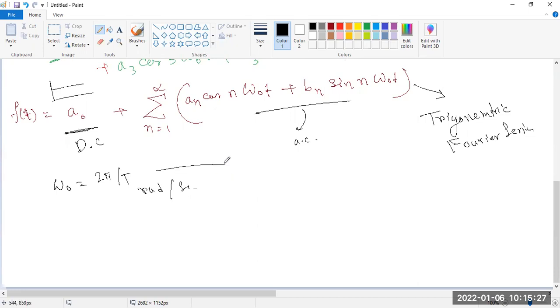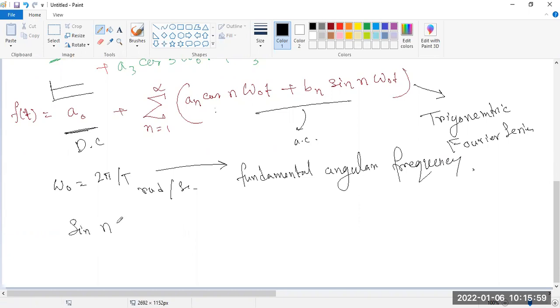And sin n omega 0 t and cos n omega 0 t are called the nth harmonics.